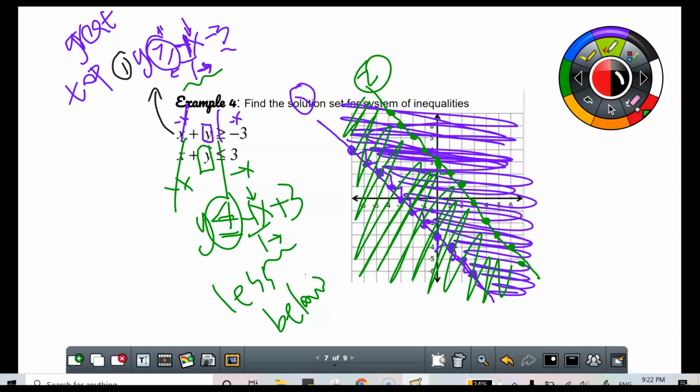The overlapping shaded area that has two colors is this area. So this is your solution set. Okay. Next example.